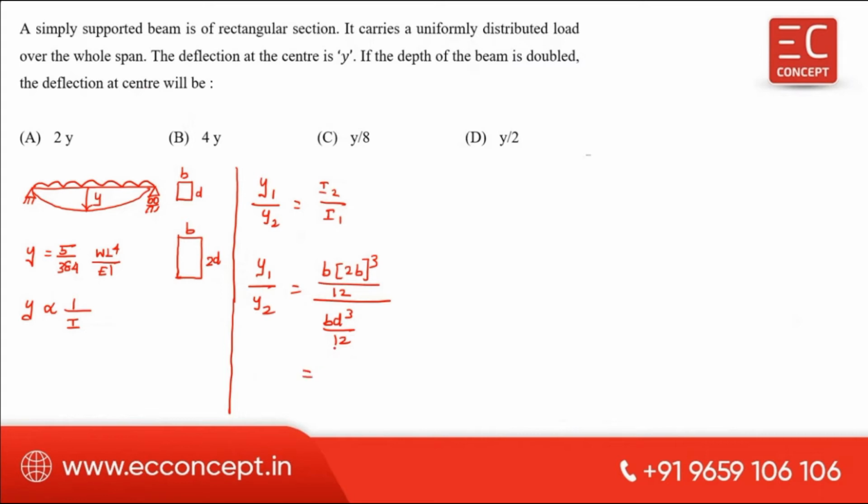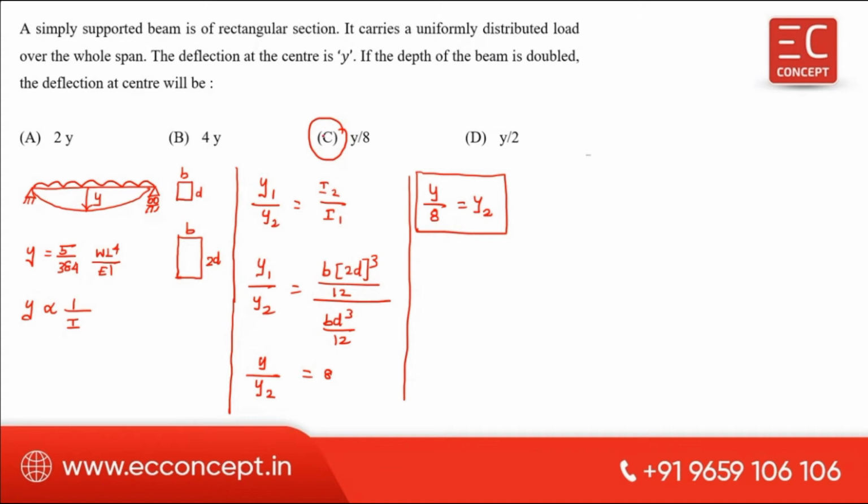If you cancel everything, you will get 8. So y2 is equal to y by 8. If you increase the depth, the deflection will be reduced to 1 by 8 times. Therefore, the answer for this question is D.